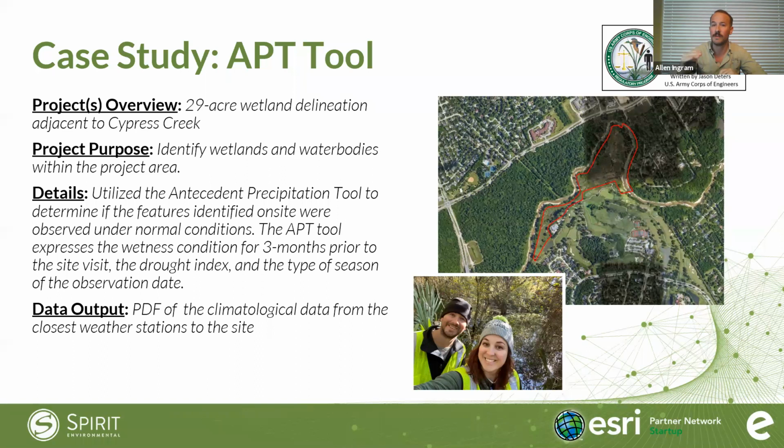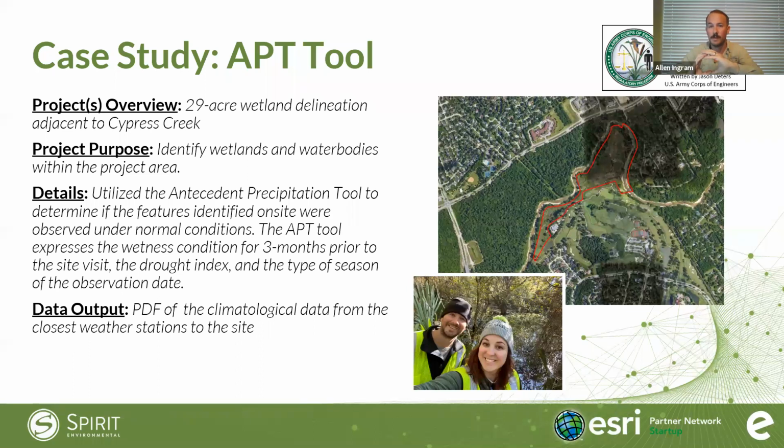doing a site visit. You don't want it to be too wet or too dry, because then what you're seeing on the ground may not be true for a typical year, which is kind of an important concept under this Navigable Waters Protection Rule. They don't want you to be doing your delineations during periods of flooding or periods of big drought.